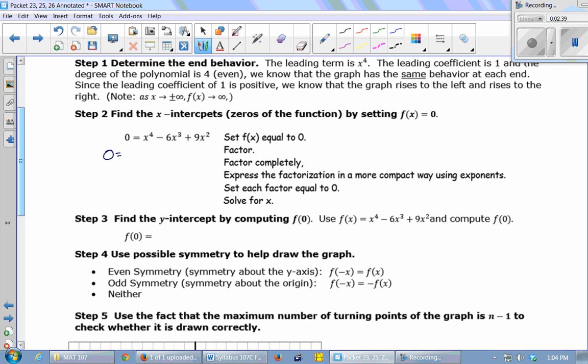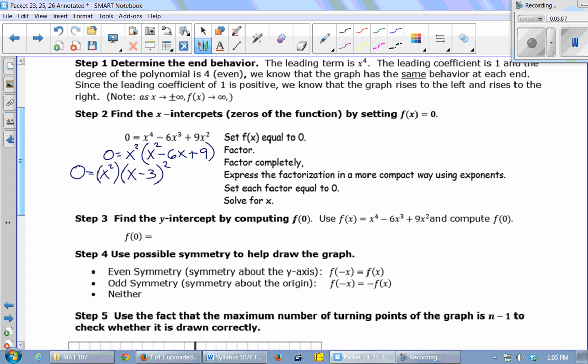So I've got 0 is equal to x squared times x squared minus 6x plus 9. Can you factor any further? Yeah, x squared minus 6x plus 9 factors even more. So I have 0 is equal to x squared times x minus 3 squared.